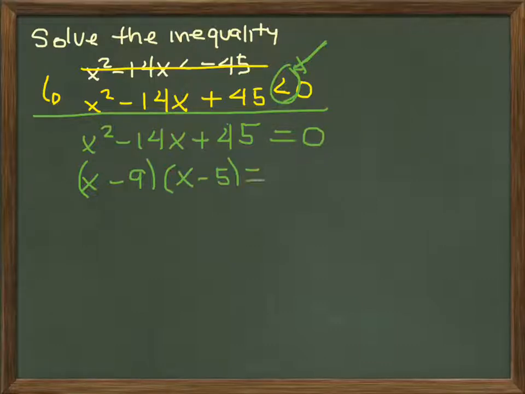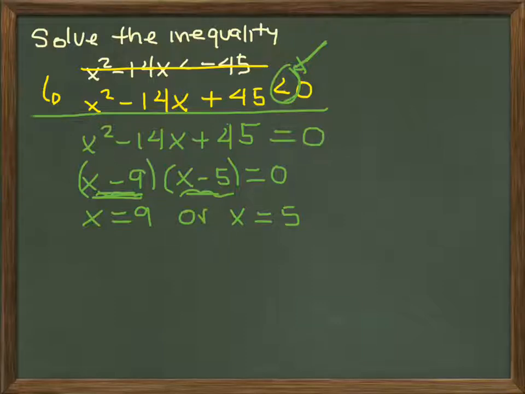That tells me that this equation is equal to 0 at x equals 9 or x equals 5, right? What I'm doing is using the zero product property. That means that either this is 0, which gives you x equals 9, or this is 0, which means x equals 5. Okay, so now I'm done.